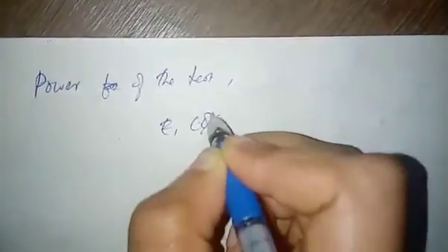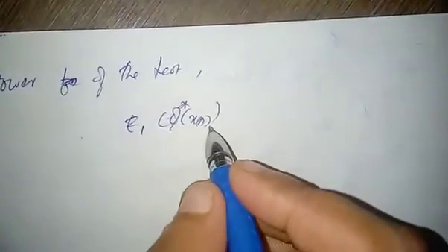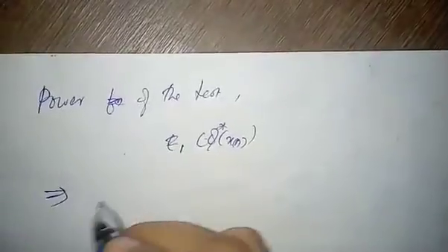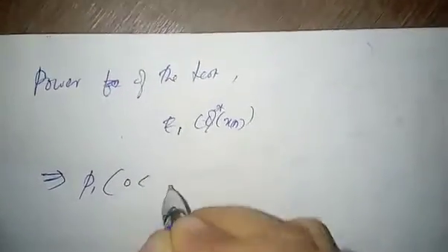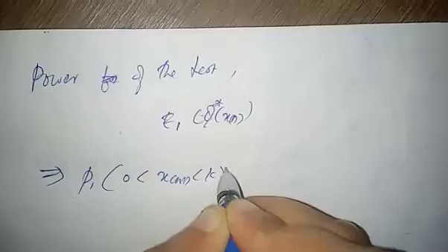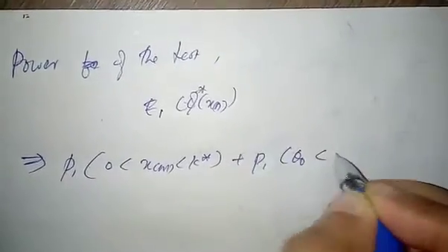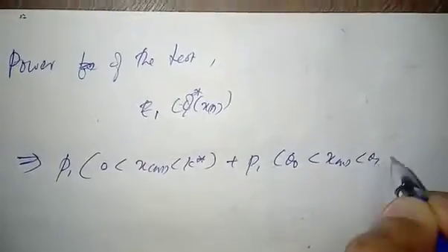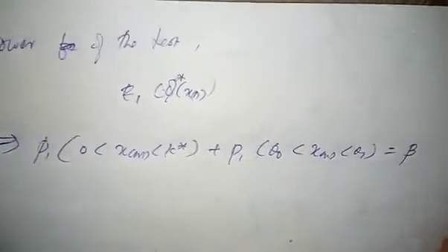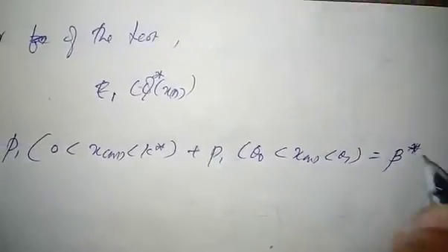That is the power of the test, the expectation of phi star of xn under h1, which implies P1 of 0 less than xn less than k star plus P1 of theta naught less than xn less than theta 1 equal to, what is that power? We can take it as beta star, for the second one.